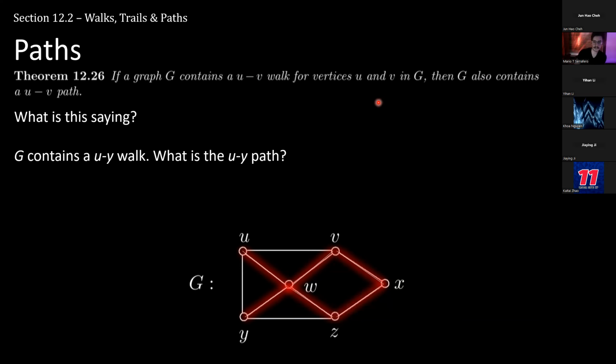So let's look at this fish over here. Let's say that we have a UY walk. We definitely have a UY walk. It's a fish. So what is the UY path here? Can someone type it in the chat?